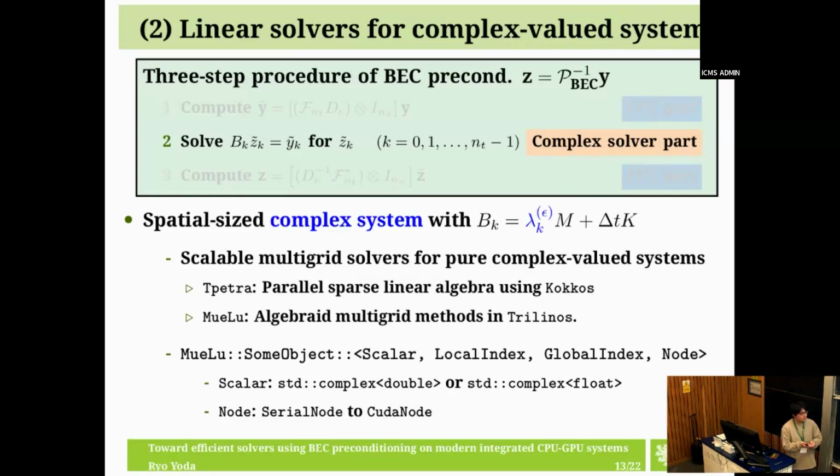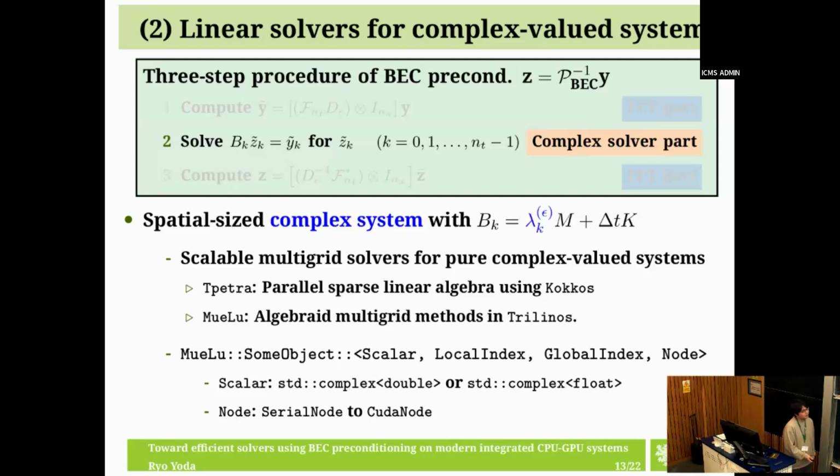Of course, we can also solve these systems using the 2x2 real-valued equivalent formulations, but then the problem size is also increased. So firstly, I'd like to use a matrix solver for purely complex-valued systems.